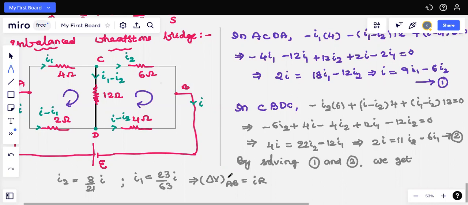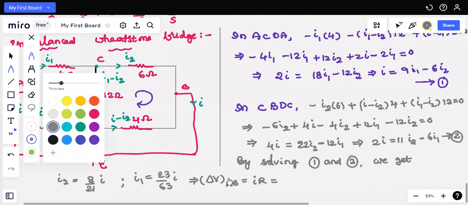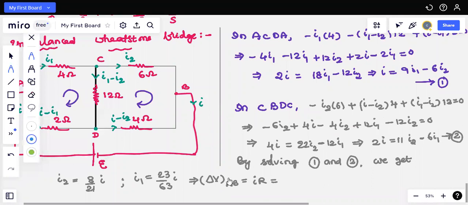From A to B, if you select one path, this one is comfortable for me, just seeing simple terms I1, I2, 4, 6. So if I measure the potential difference between A and B in that top path, that equals to, again, potential difference. I did not put the negative sign, nana.